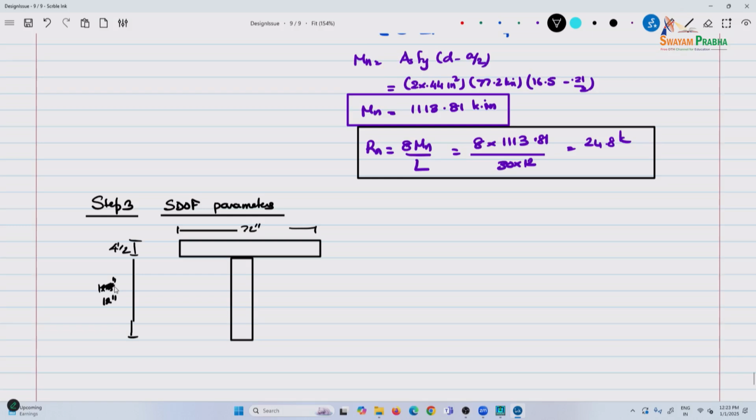So using statics, parallel axis theorem, etc., we can find the Ig. This comes to 7627.